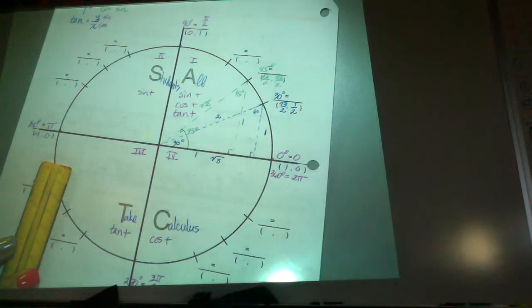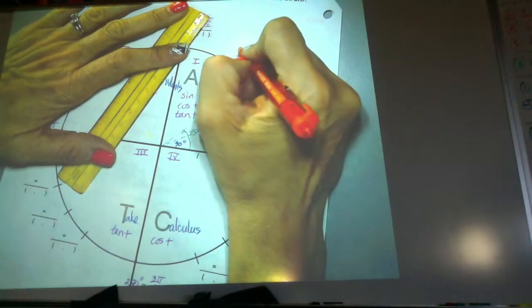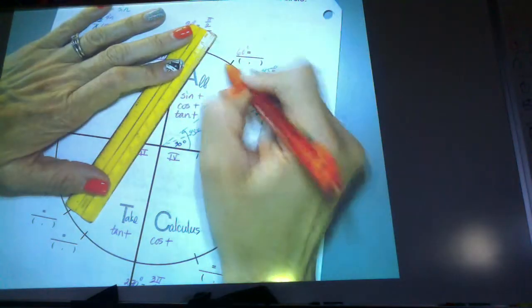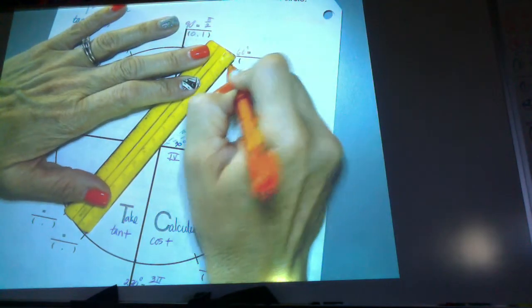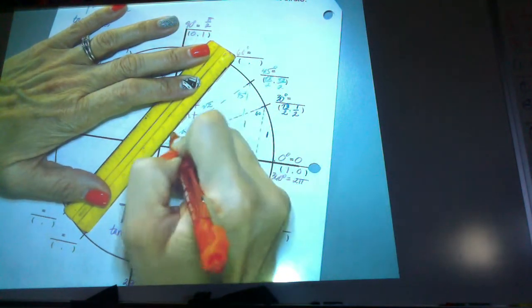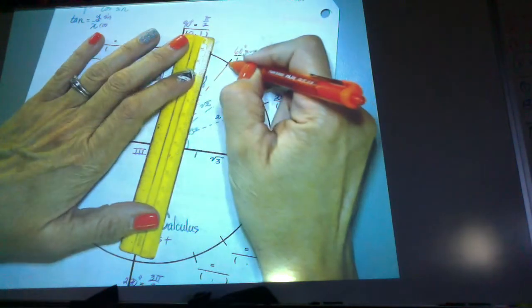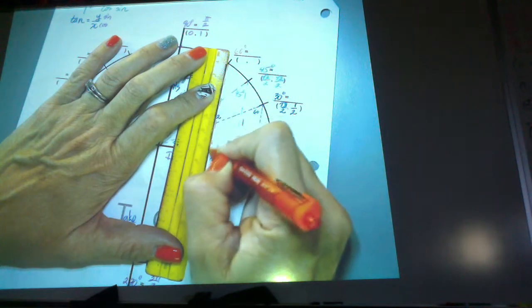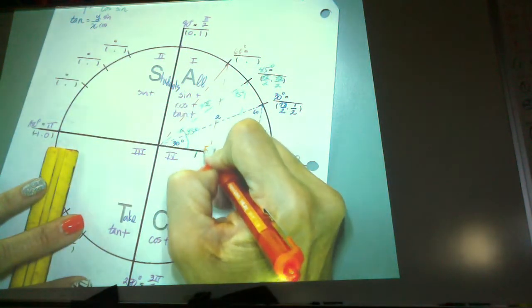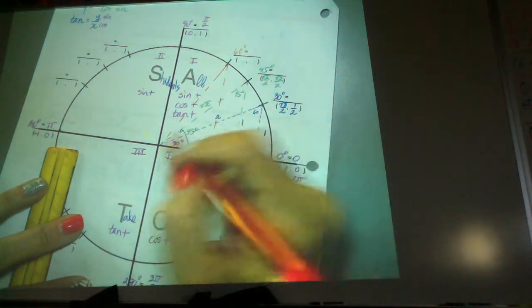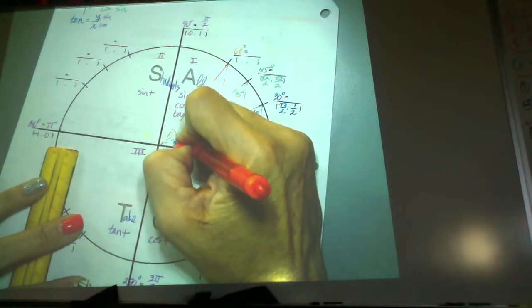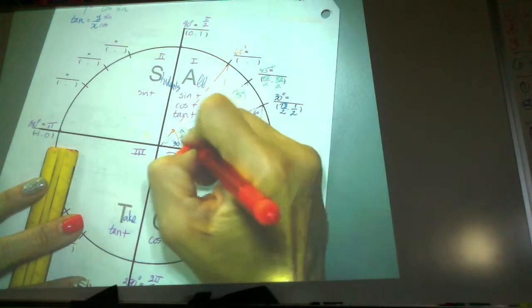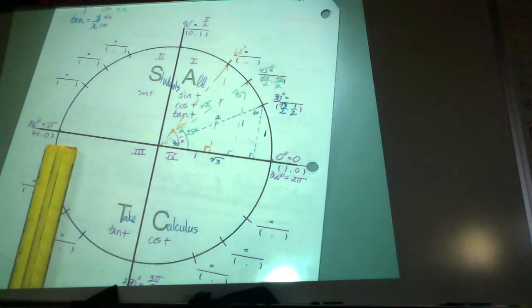Then that leaves us with our 60-degree angle. So this is 60 degrees from here. And I'm going to go straight down to here. So from here to here is 60 degrees.